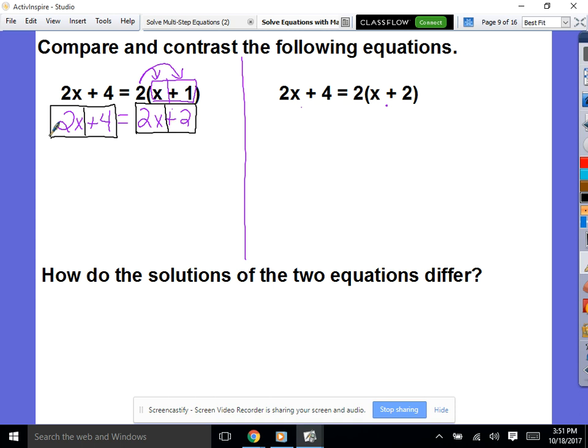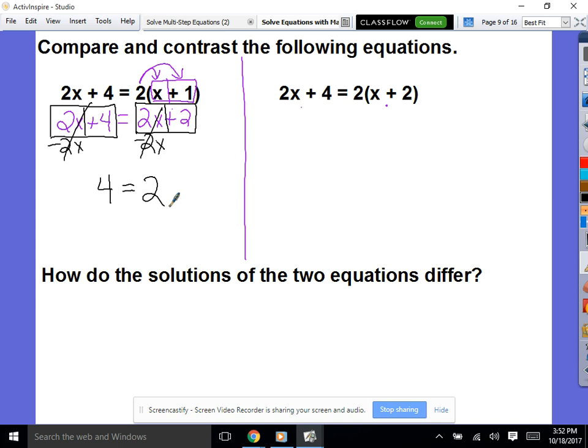Step 3 says to eliminate a variable. They're both the same, so if I subtract 2x on each side, both of those go away, and that leaves me with the equation, not really an equation, 4 equals 2.